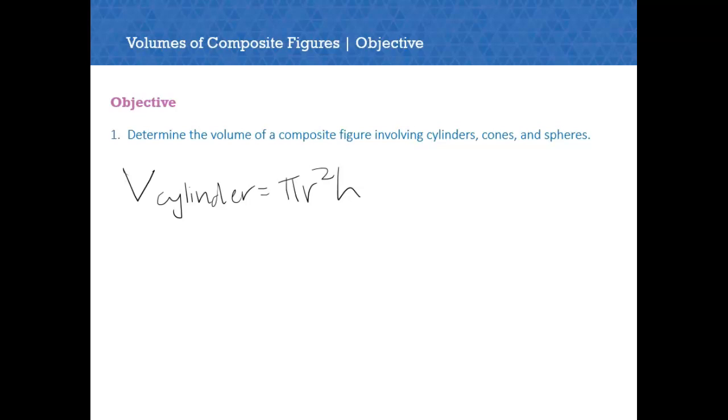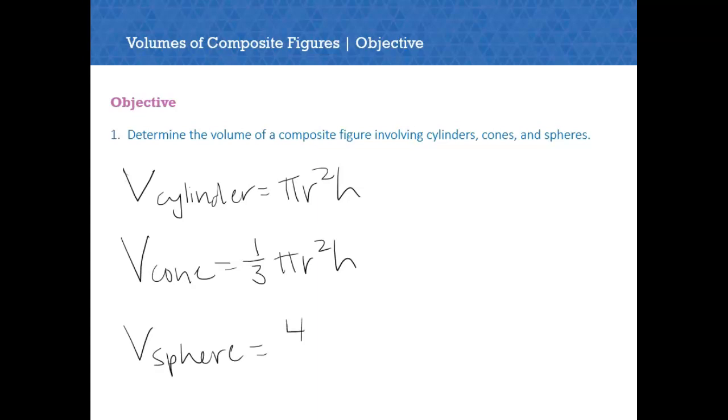The volume of a cone is 1/3 pi r squared h. And finally, the volume of a sphere is 4/3 pi r cubed. And remember, all of these have cubic units as the measurement.